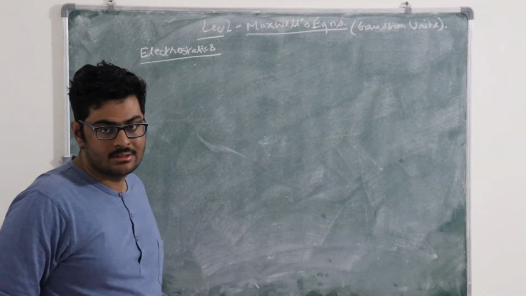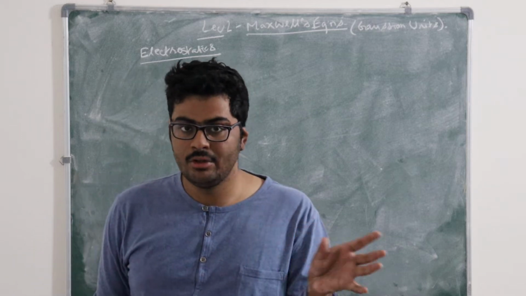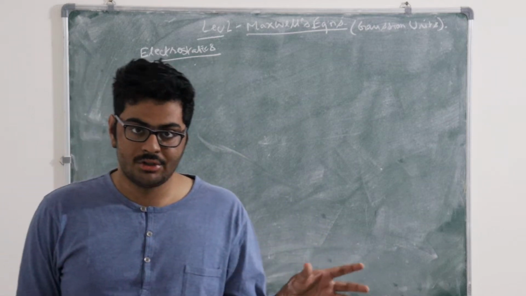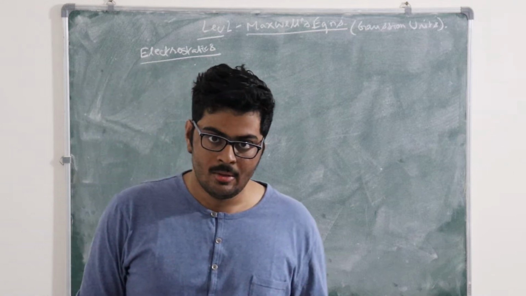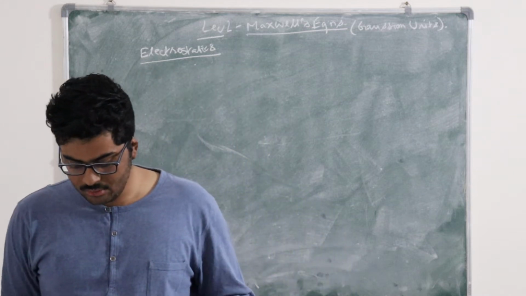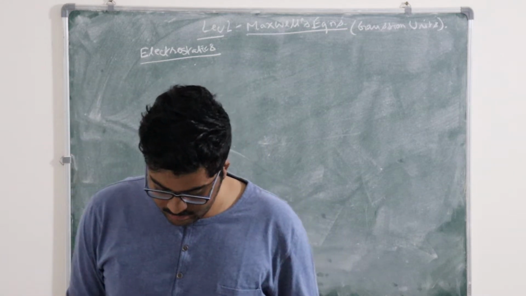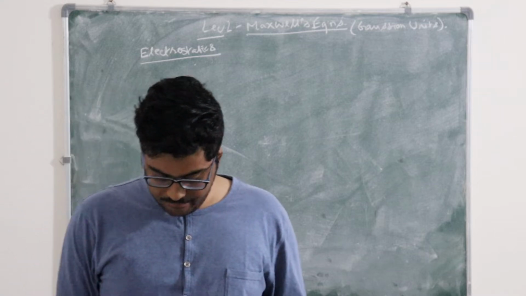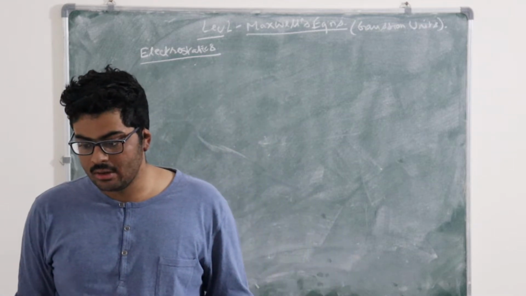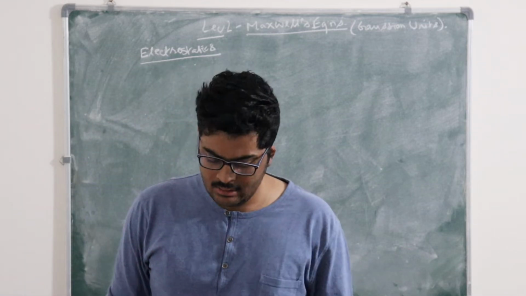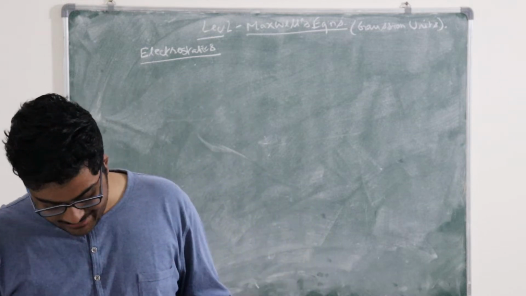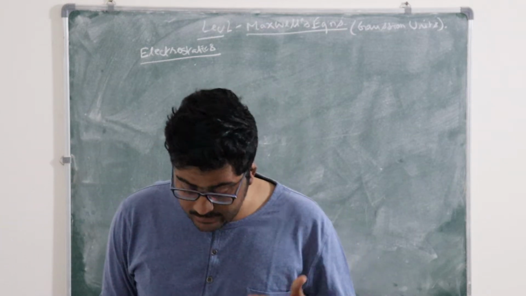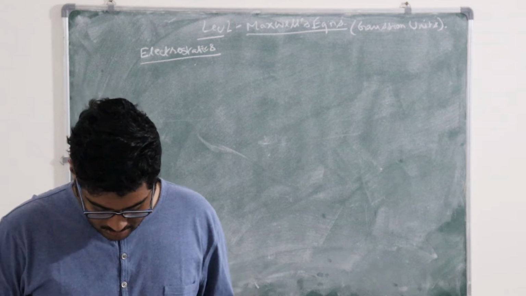I shall discuss the conversion of units between SI and Gaussian units, or you can find it in any textbook. Gaussian units are preferably the good units for any theoretical physicist, or when it comes to engineering, we talk about the SI units.